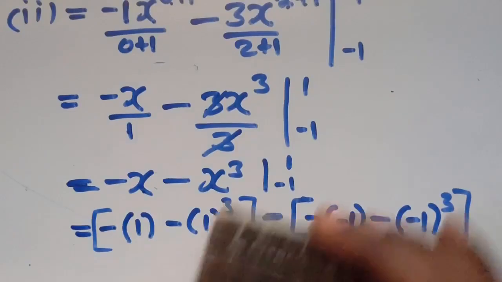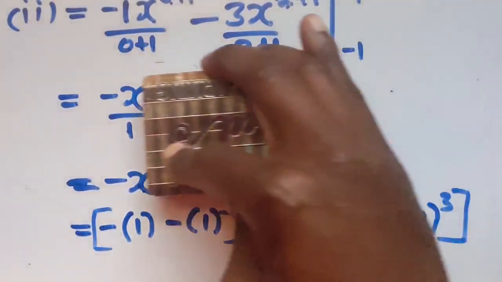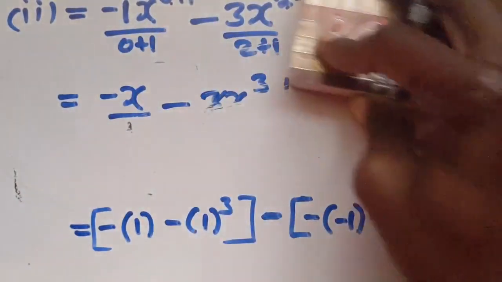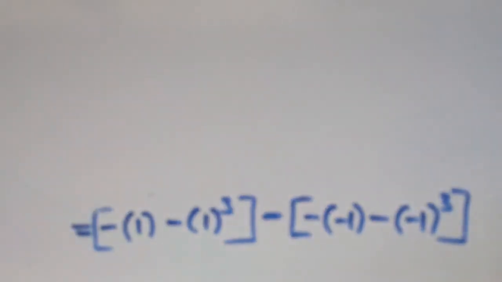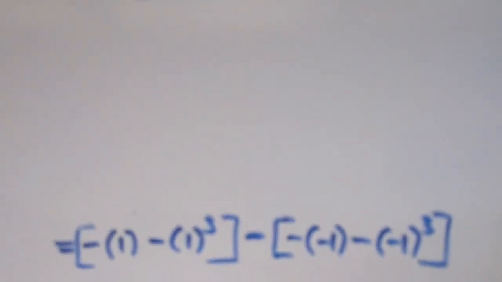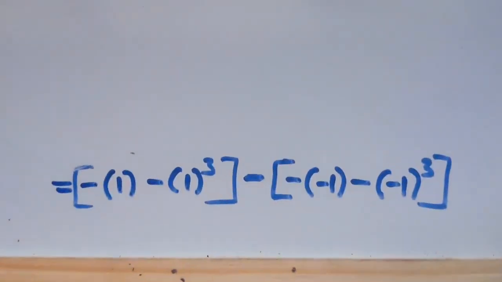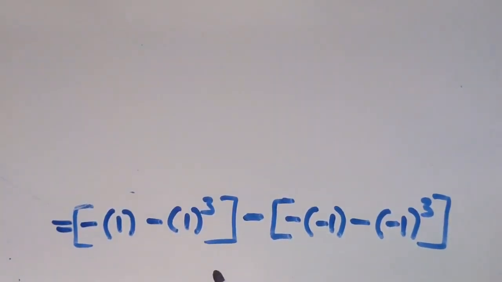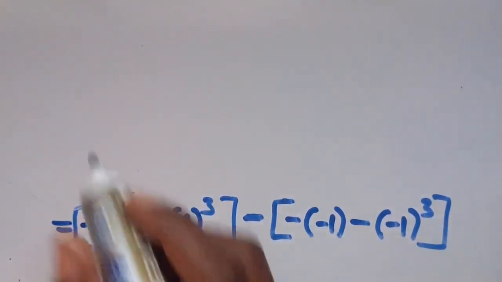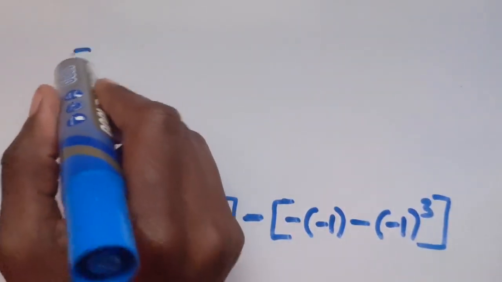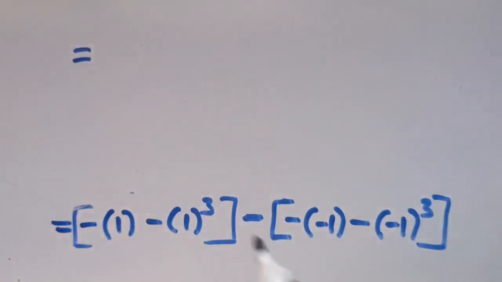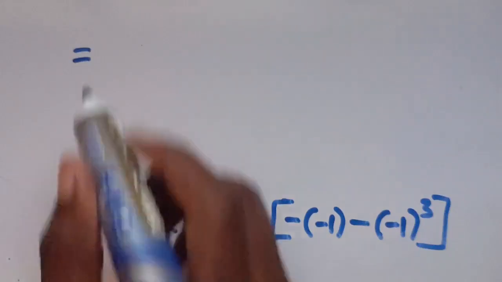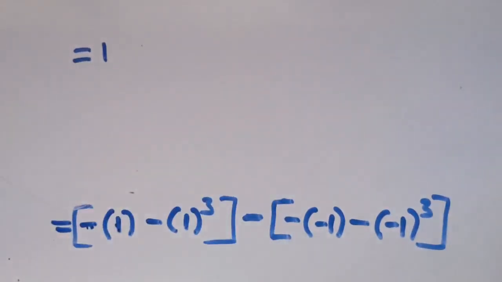Okay, so now that we have reached here, let's create some space. Let me just try and solve this. So it is going to be equal to negative times 1. So negative times 1, we are going to have 1 there.